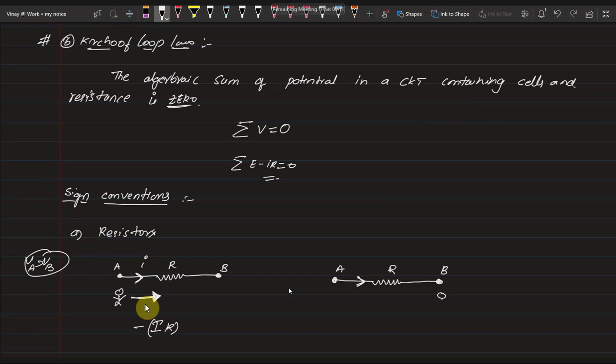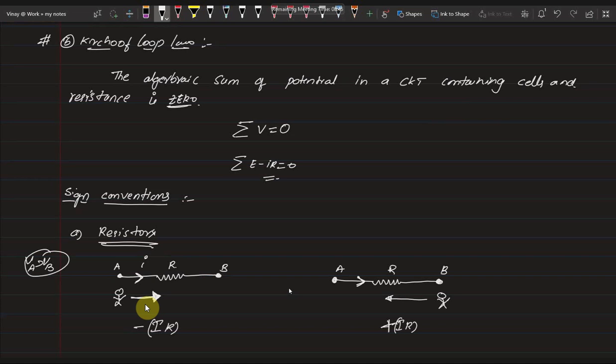Yes, very good. Then this time I'm moving from B to A, so the product of current and resistance is taken as positive. These are the NCERT standard notations, but in some other books they are given in the opposite way also. You need not worry, but try to remember this. This is the sign conventions across the resistor.